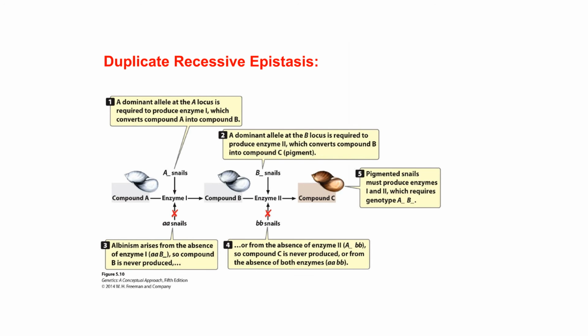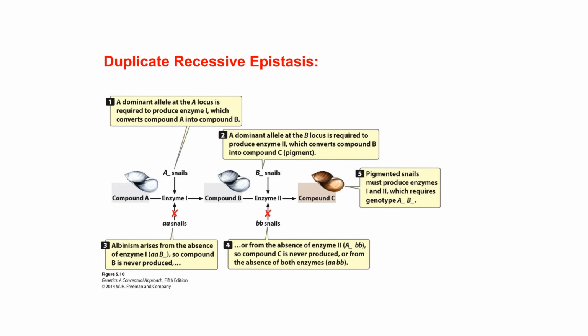An example here is albinism in snails. Albinism is caused by lack of pigment, and pigment is produced in multi-step biochemical pathways. So albinism can result from the lack of enzyme 1 or enzyme 2.